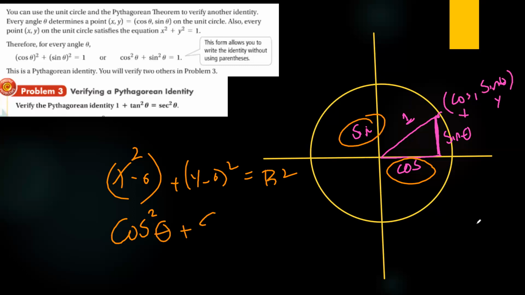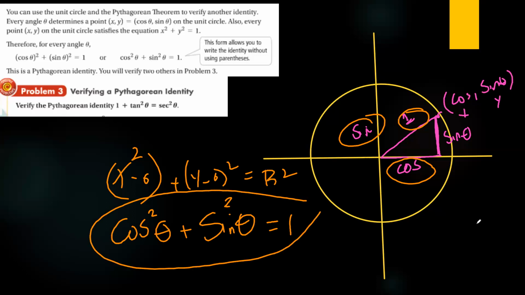It is sine. And what is the radius of the circle here? It is 1. So using the unit circle, we verify one of the identities, which we call the Pythagorean identity. That's if you add cosine squared of any angle plus sine squared of any angle, you get 1. This we call the Pythagorean theorem.